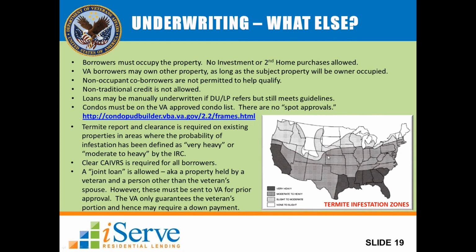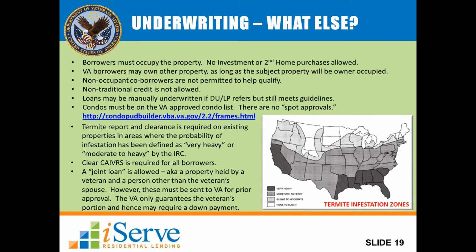Lucky for those of us pretty much in the entire south shaded portion, we are in one of those zones. So in that case, termite reporting clearance would be required on all VA loans. We also have to have clear CAIVRS. Remember, CAIVRS is looking for government defaults. VA, for some strange reason, doesn't want to guarantee a loan where the borrower previously defaulted on the government. Strange.